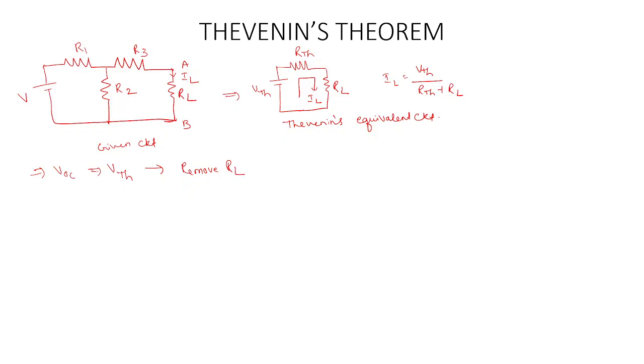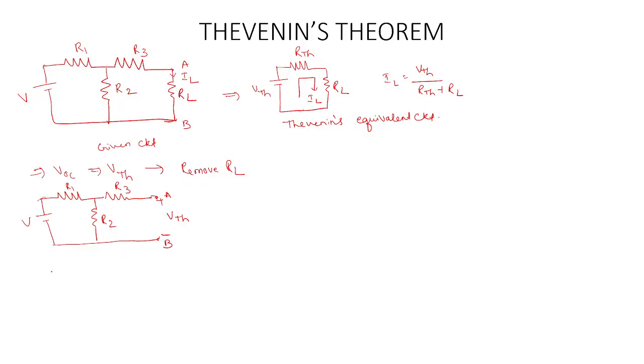Then the circuit can be rewritten as R1, R3, R2, and this is the voltage V. Here the load resistance has been removed. So V Thevenin has to be found.